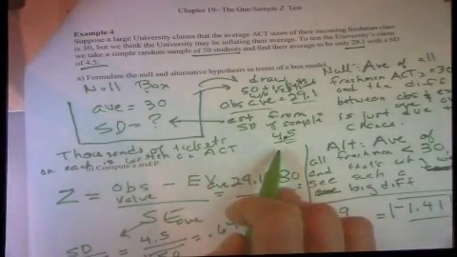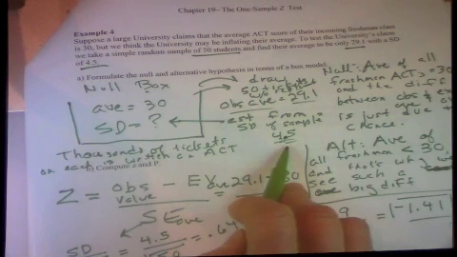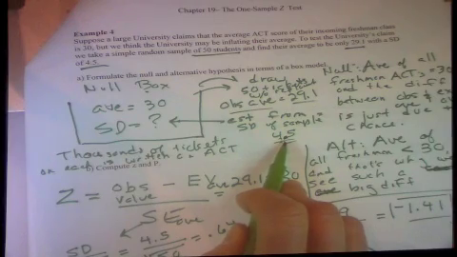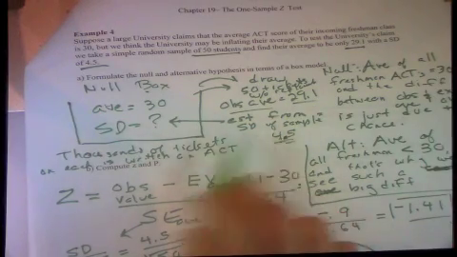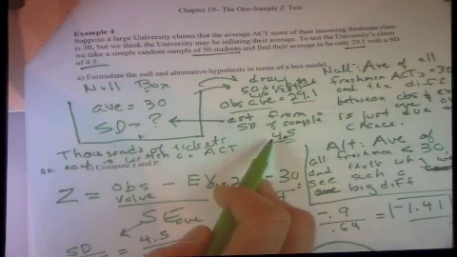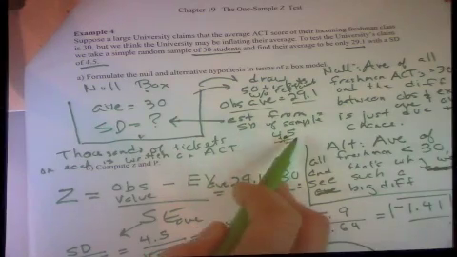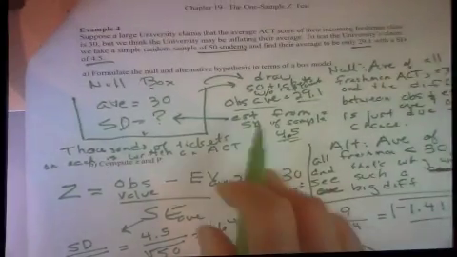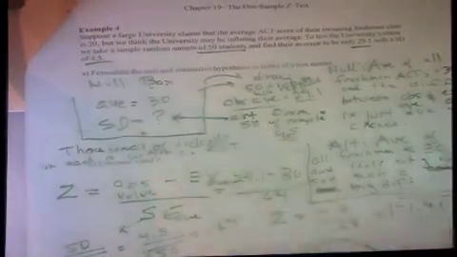But let's say we only drew 3 people or 4 people out of here. Then this estimate of the standard deviation wouldn't be a good estimate. It's going to be too low. And so let me show you what I mean. So we use something called the t-test.